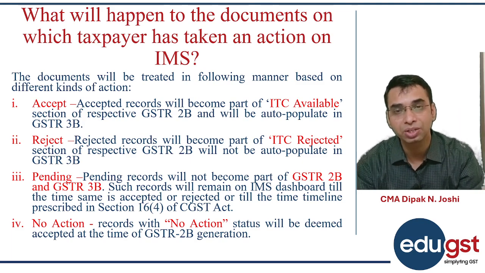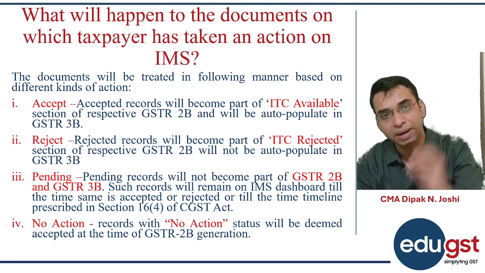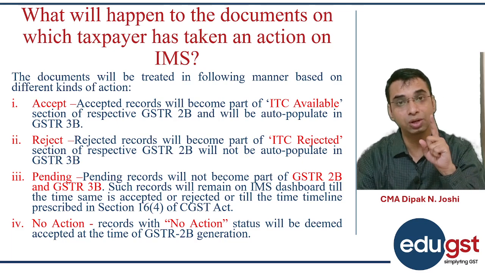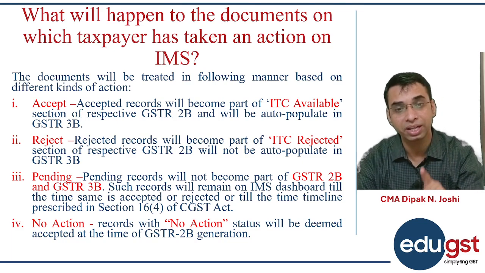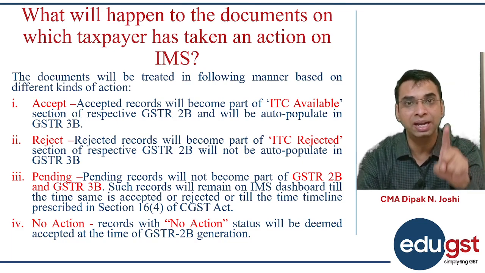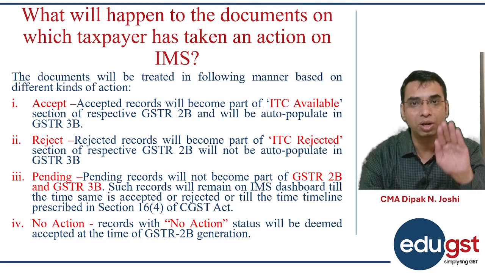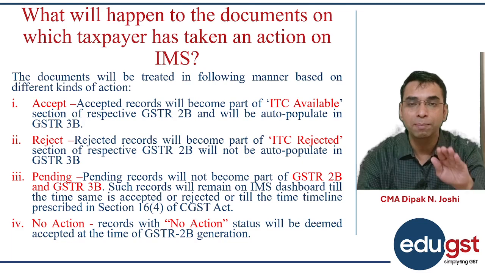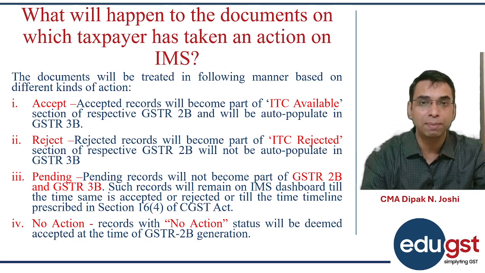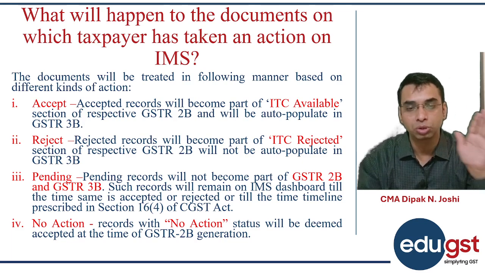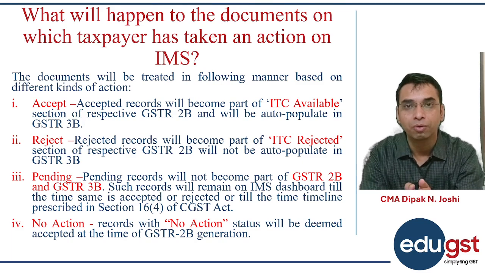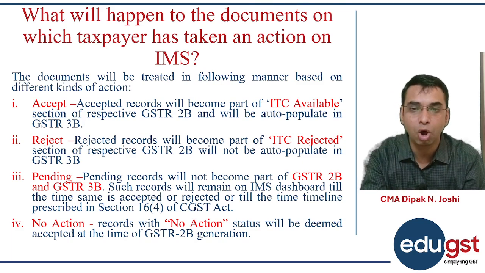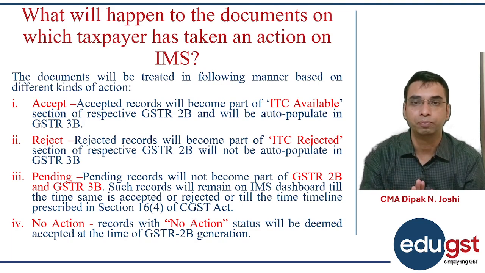Presently GSTR2B includes the pending records also, but in future GSTR2B includes only details of ITC available and ITC rejected. Invoices which you are keeping pending will be part of IMS but will not be part of your GSTR2B. So GSTR2B will include only those records which are accepted or rejected by the taxpayer.